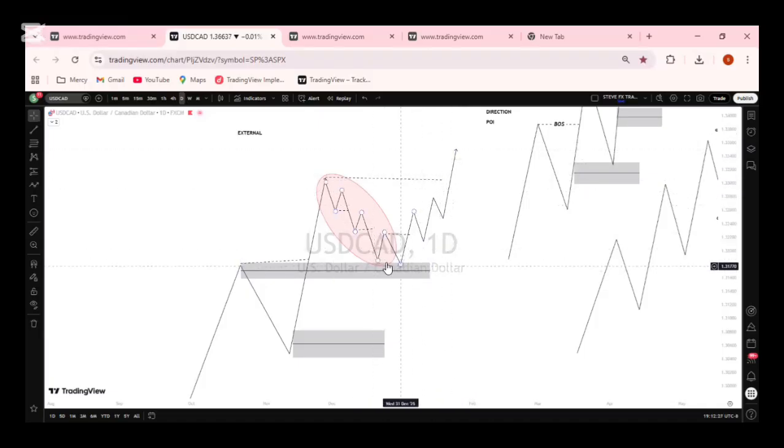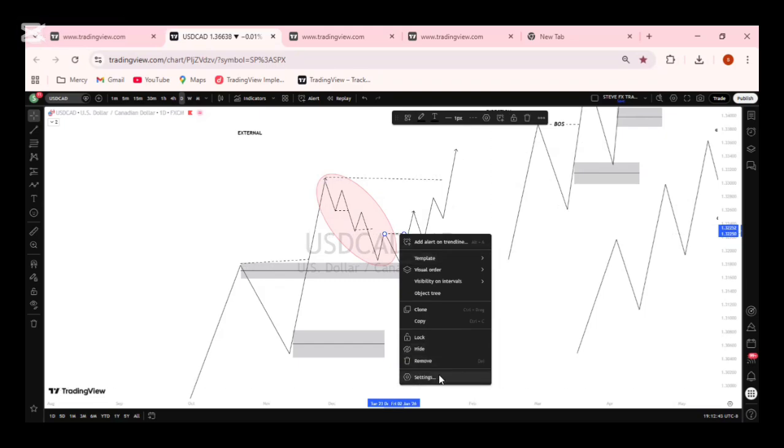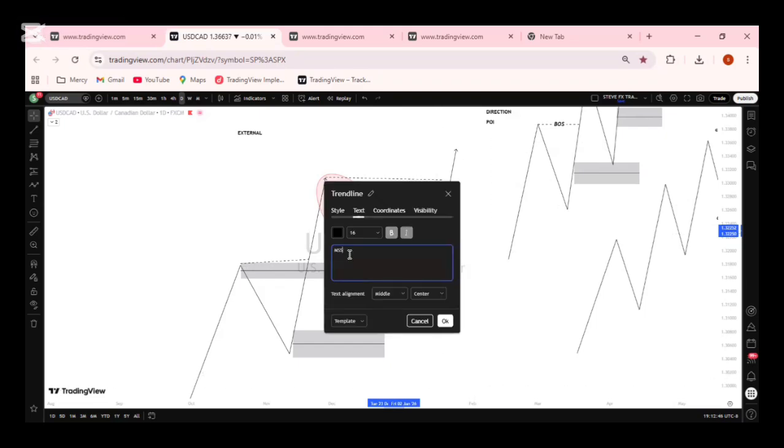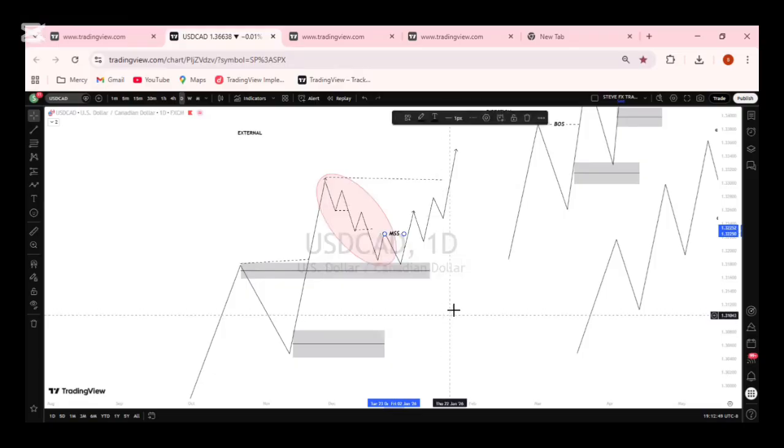So when the external structures react from a higher time frame point of interest, the first break of structure can be considered as your market structure shift, a potential sign or indication that the direction of the market may be changing.